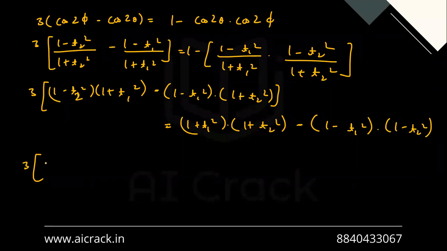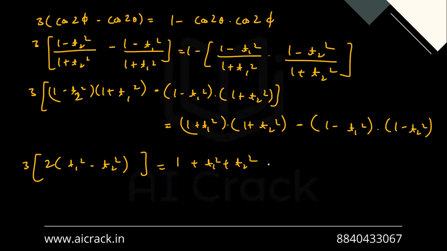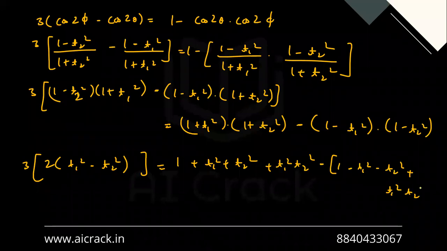So we'll be remaining with 2 times (T1² − T2²) equals to, over here, 1 + T1² + T2² + T1²T2² minus 1 plus T1² plus T2² minus T1²T2². I can see that 1 gets cancelled, T1²T2² gets cancelled.